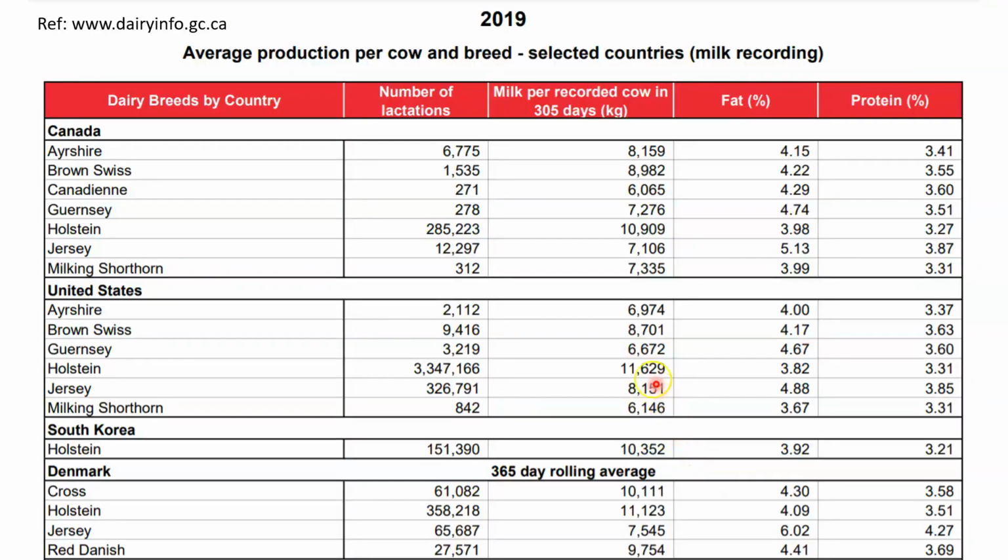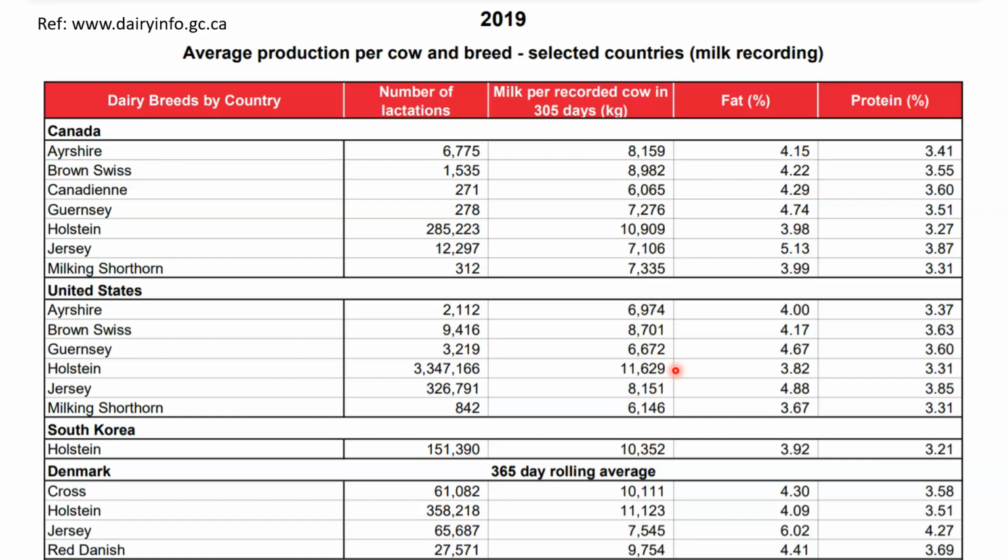Now let's look at some figures from different countries: Canada, US, South Korea, Denmark. Let's look at Jersey. So these were the numbers we saw in the earlier slide. In Canada, say 10,900, US 11,600, so almost 700 kilos more.